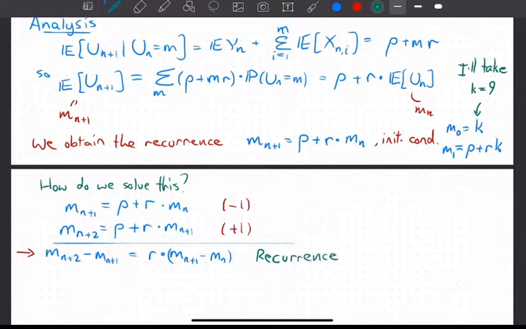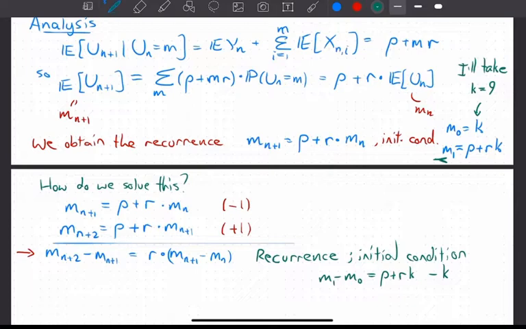It's exponential growth, of course, and the initial condition, excuse me, is what? We said m_1 is rho plus rk, minus m_0, which is just k. That's k(r minus 1) plus rho.